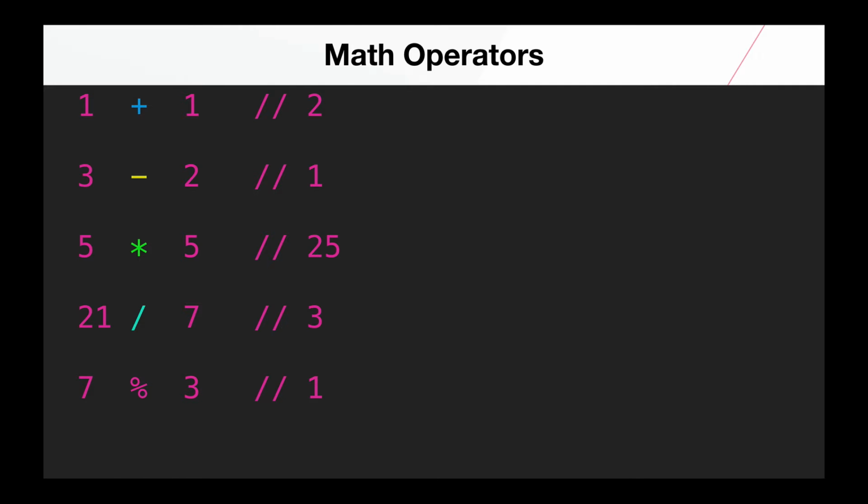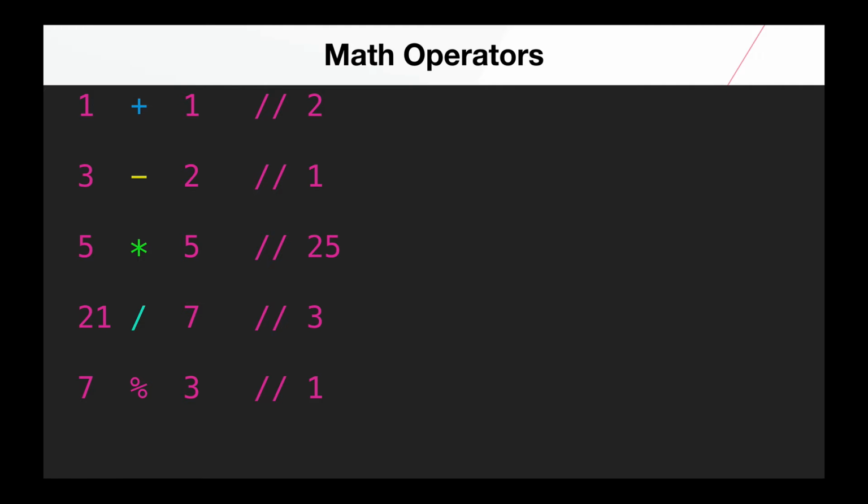It's this percentage sign, and what it actually does is it divides the first number by the second number. So in this case, 7 divided by 3 is 2 with a remainder of 1, and it returns that remainder. It doesn't return the product of the division. It actually returns the remainder only.